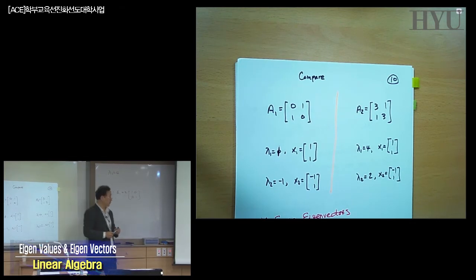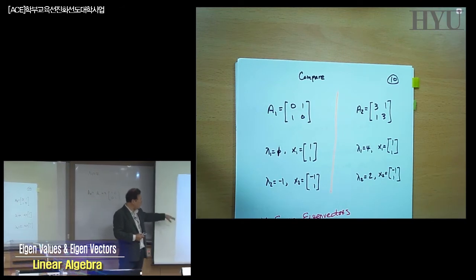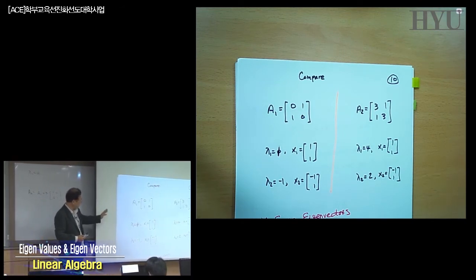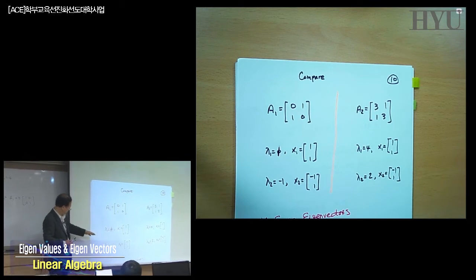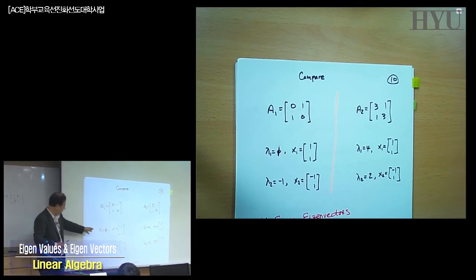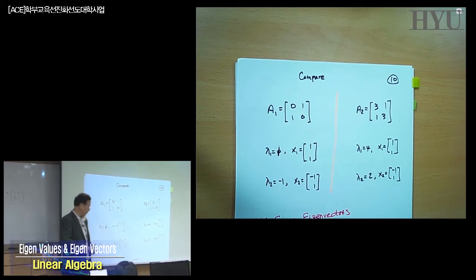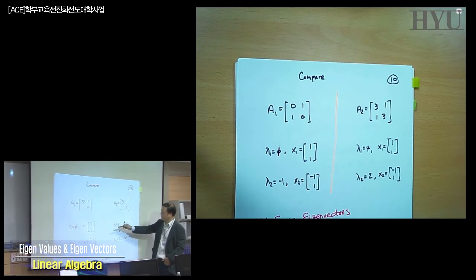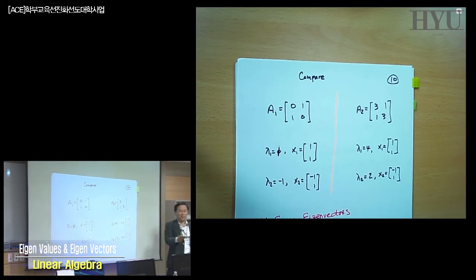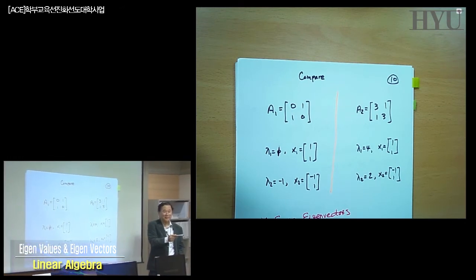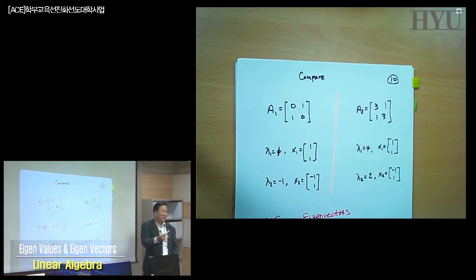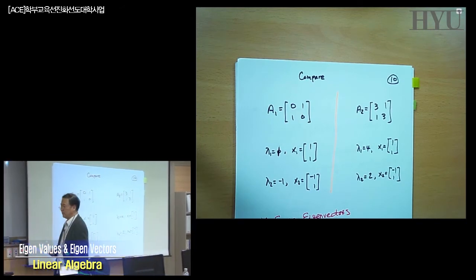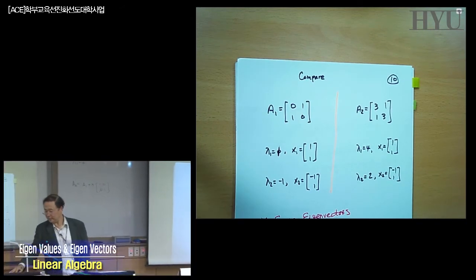Just based on this observation, the eigenvalues seem to be shifted by 3 with the same eigenvectors. Then if I say 5, 1, 5, 1, the eigenvalues would be shifted to 6 and 4. That's the guess you can make. Then you have to say why.